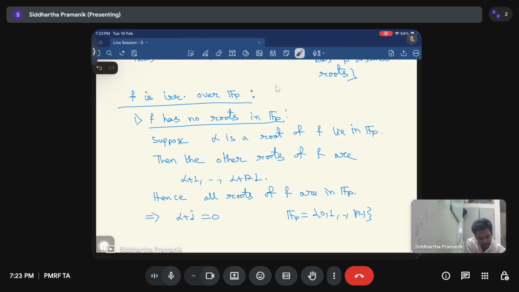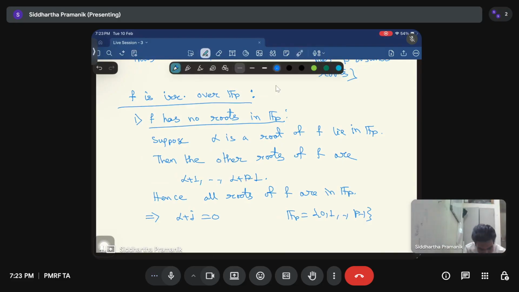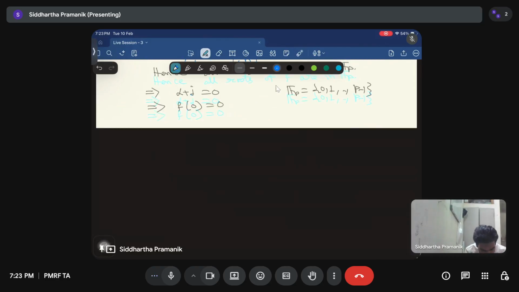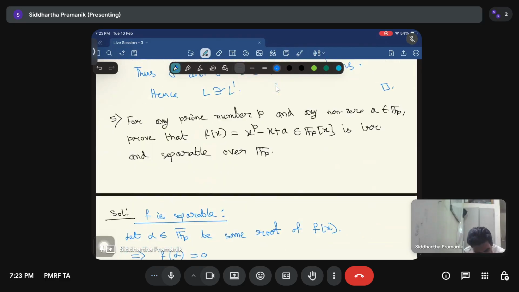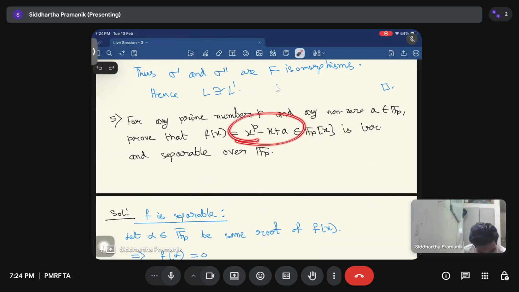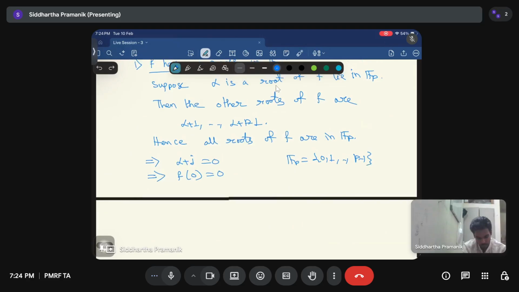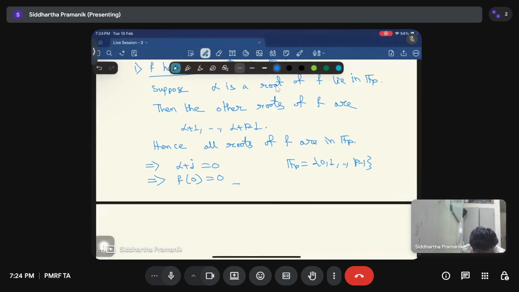So one of the elements has to be 0. But this will imply f(0) equals 0. But what is f(0)? So our f(x) is this polynomial. So if we evaluate at 0, it is just a, and a is non-zero. So 0 cannot be a root. So this implies a equals 0. It is a contradiction.